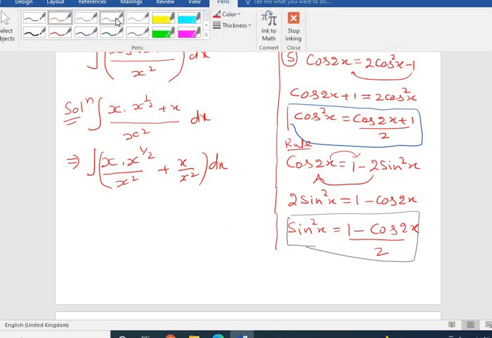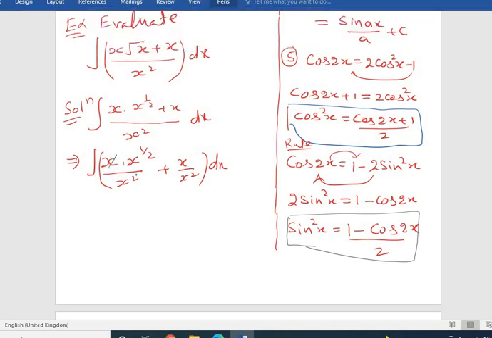So if you cancel, this is now 1 divided by x, so it comes as x to the power half divided by x plus 1 divided by x, dx.